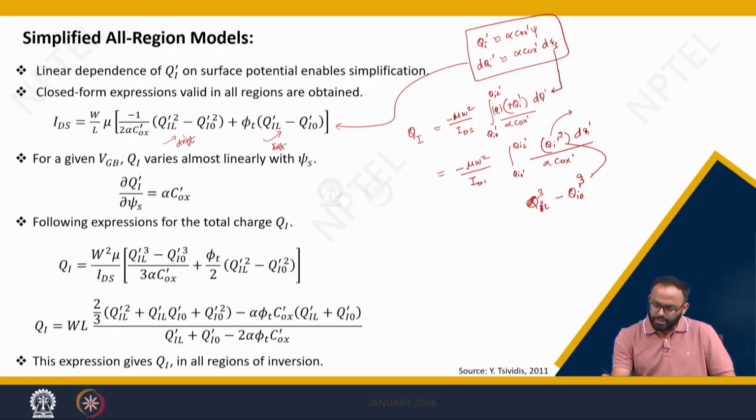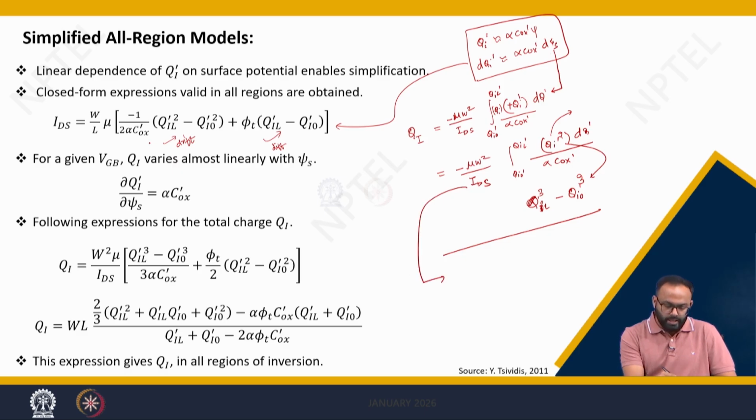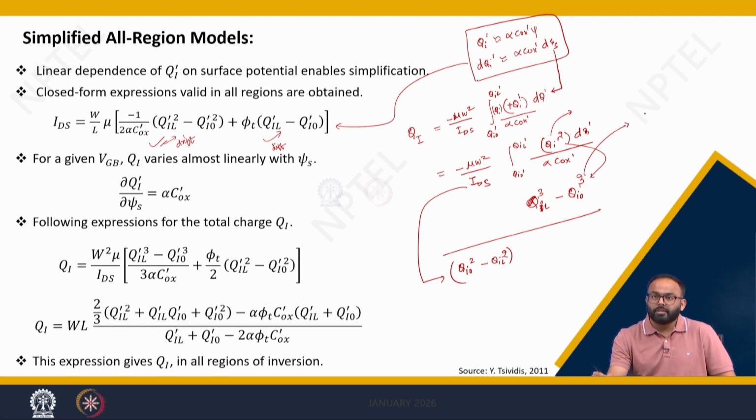When you solve the integration, you will get a power 3 term here, and in the denominator, when you replace this current I DS by this, you will have a square power term, which is Qi 0 square minus Qi L square. Now you can simply replace this power 3 term, as a cube minus b cube can be written as a minus b into a square plus b square plus ab.